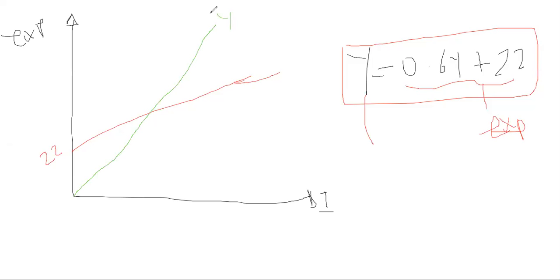And this is the consumption and investment line. So where they intersect is the equilibrium income.